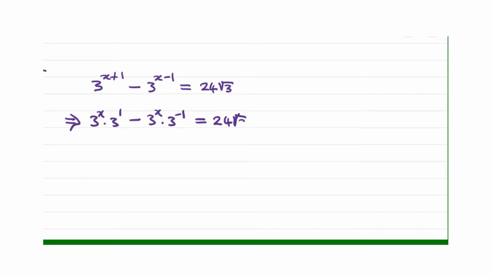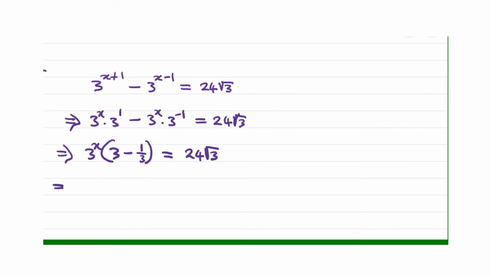24 square root of 3, which now means here it will be equal to, here we can even factorize our 3 to the power x, open bracket, this becomes 3 to the power 1, which is 3, minus 3 to the power minus 1 over 3, this one, to the power minus 1, it becomes 1 over 3, using our laws of exponents, which is equal to 24 root 3.